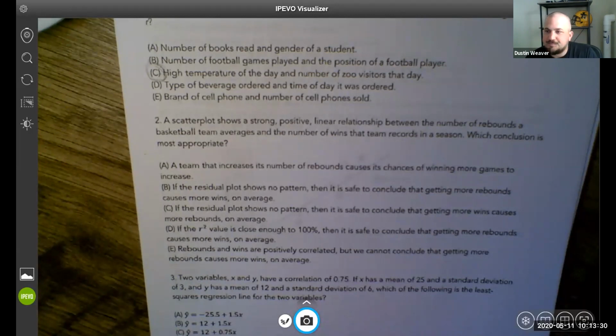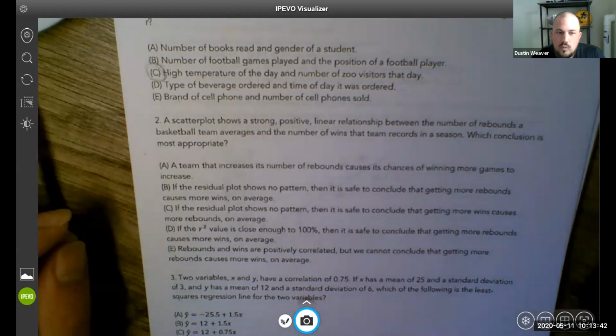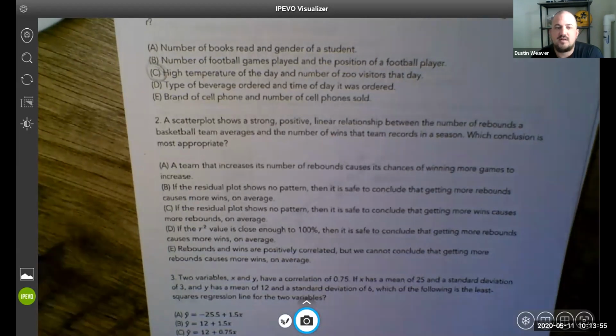Number 2, anybody got an idea? Give me your thoughts here. So again, the scatter plot shows a strong positive linear relationship between the number of rebounds a basketball team averages and the number of wins the team records in a season. Which conclusion is most appropriate?